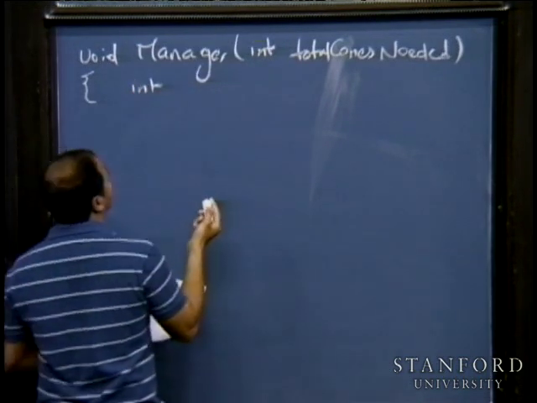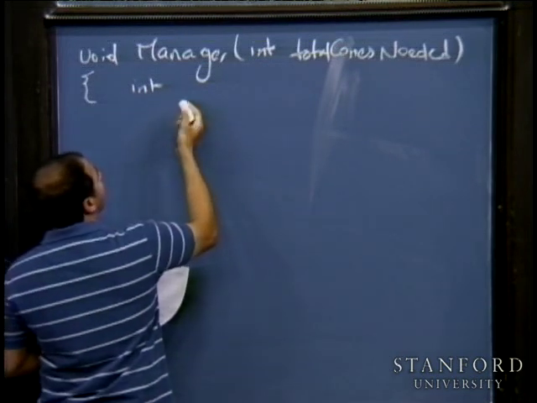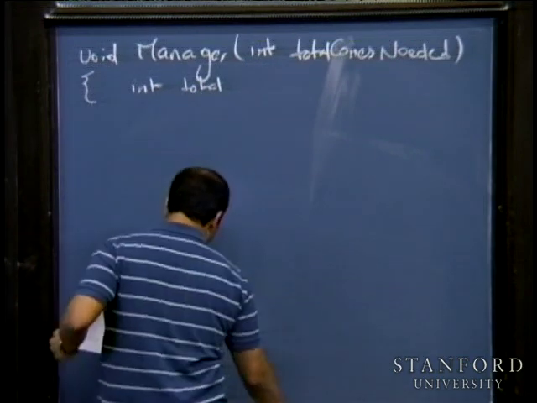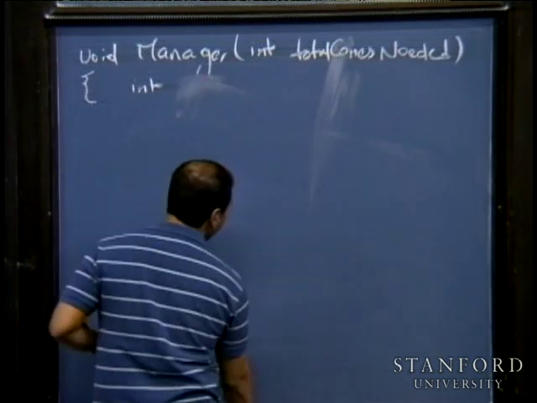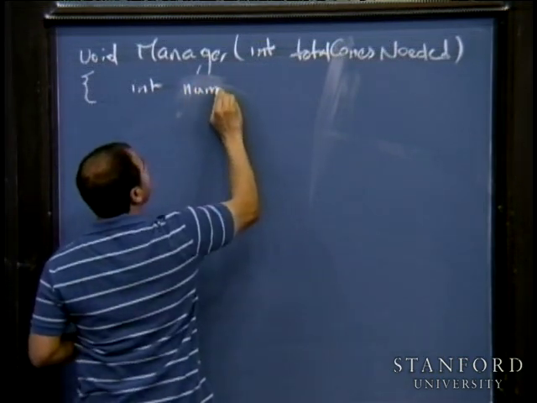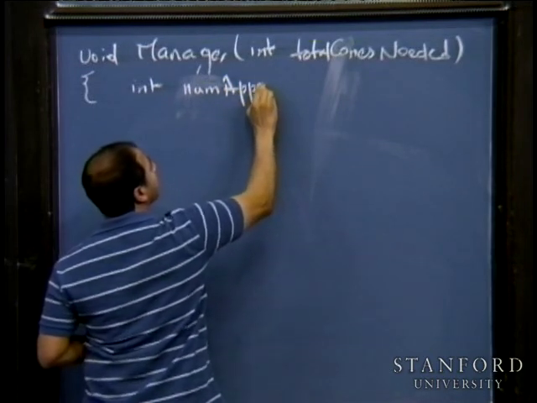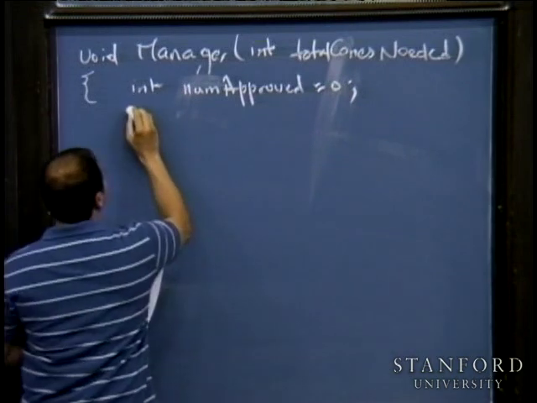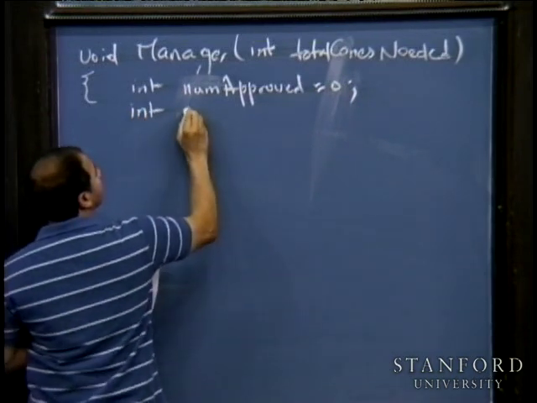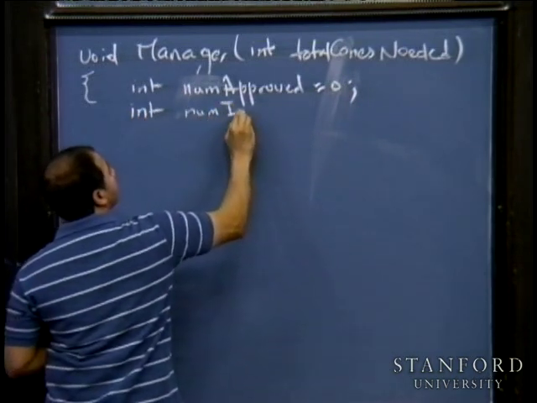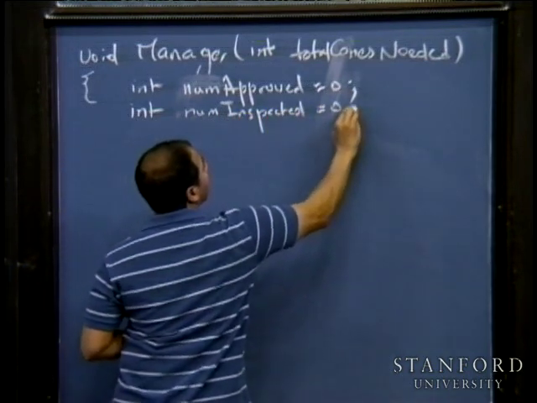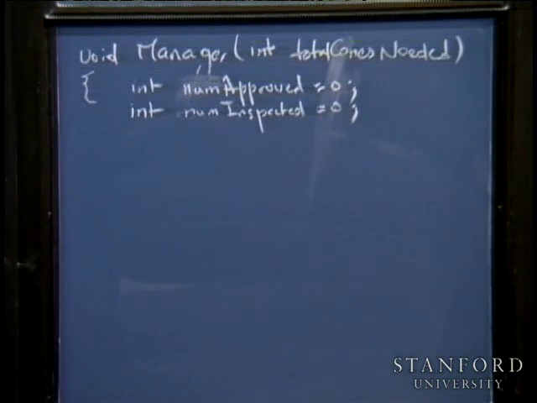One of them is required, the other one is not. The first one is num approved, which is initialized to 0. And another one, which is num inspected, also initialized to 0.